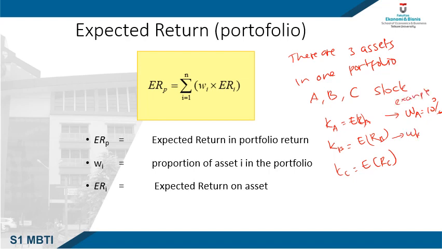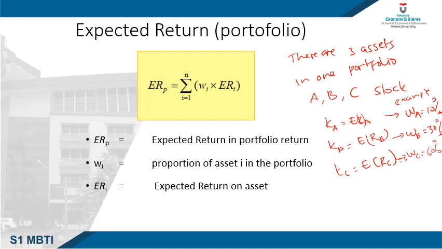Then WB, the weight of B, is 30%. Then in one portfolio it should total 100%. So WC will be 10 plus 30 is 40, and 100 minus 40% should be 60%.